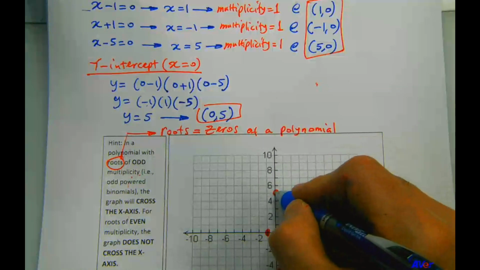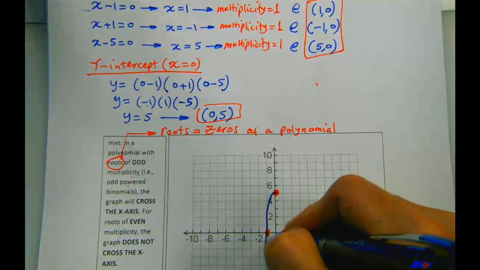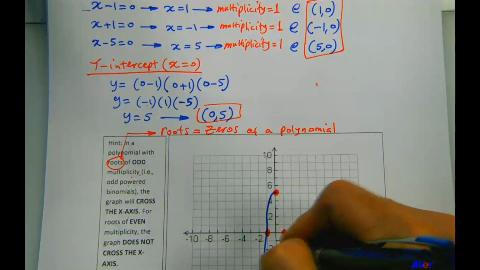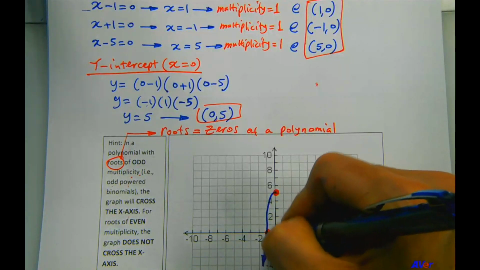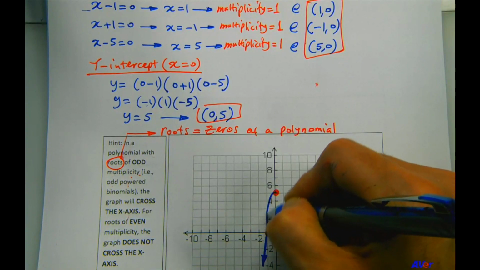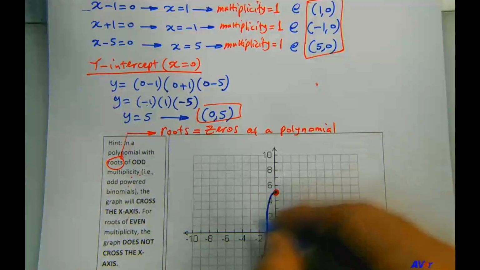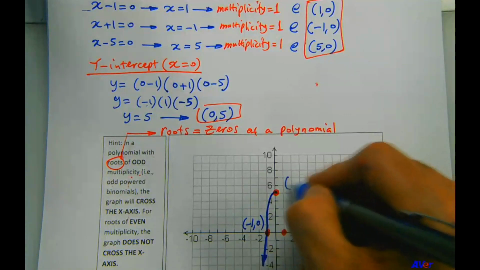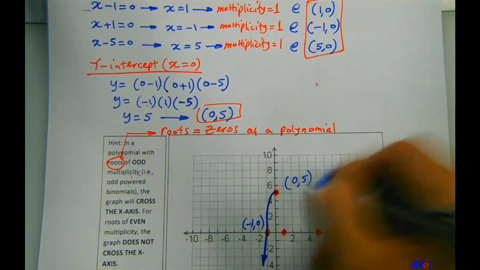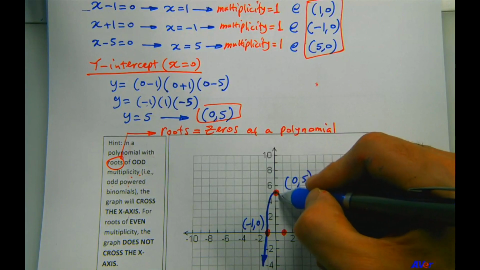So let me draw it like that. On this side, the line is coming, going right through that point, which is -1, 0, going through this point, which is 0, 5, coming back down.